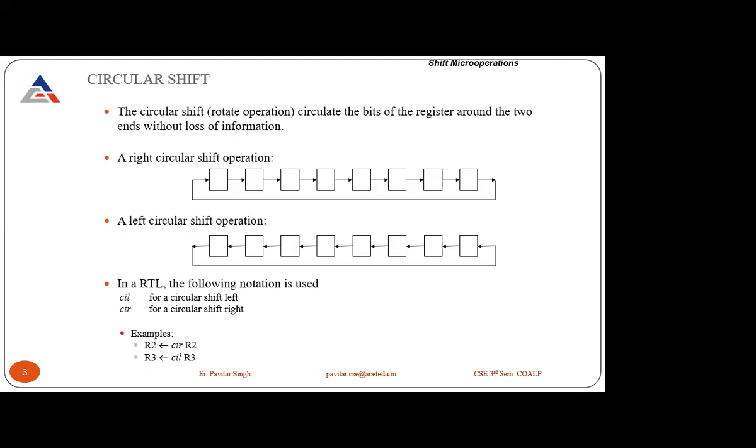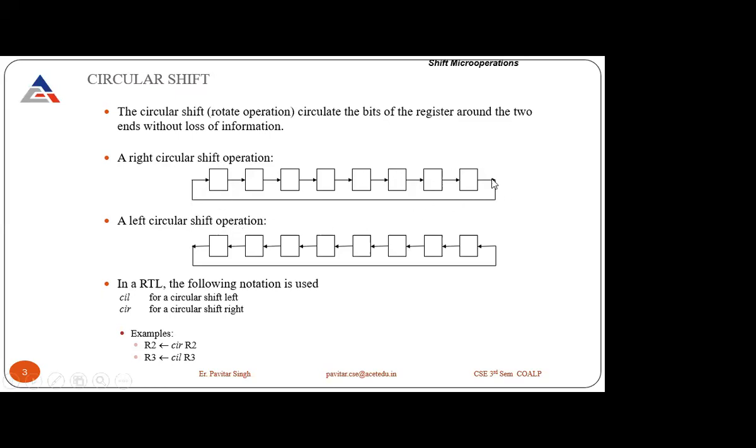Circular shift, which is also called rotate operation, circulates the bits of the register around the two ends without the loss of information. You have seen that in case of logical shift, whether it is left logical shift or right logical shift, in both the cases your value will be lost, right? But in case of circular shift, all the values will be rotated to the other end.